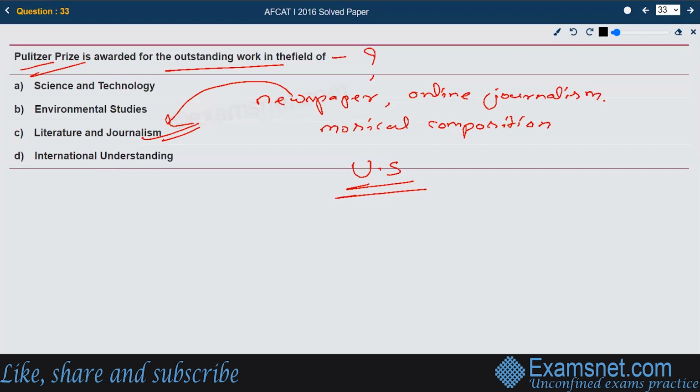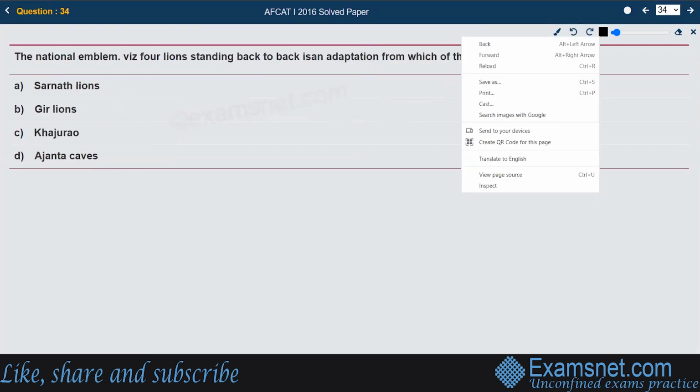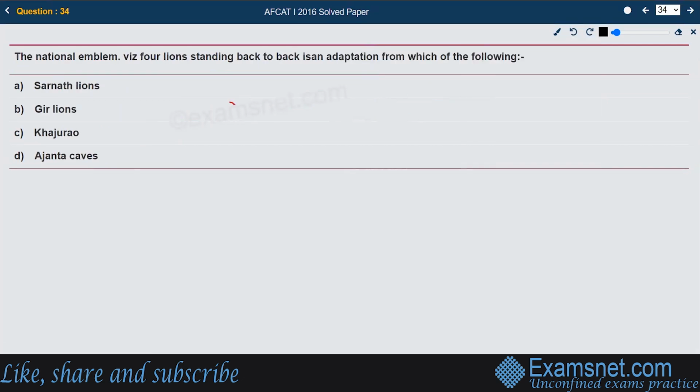Let's go to the next one. 34. The national emblem which has four lions standing back to back is an adaptation from which of the following? The right answer is Sarnath lions. The national emblem has been adopted from the Sarnath lion capital, in which four lions are standing back to back.